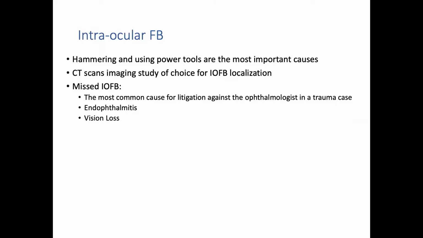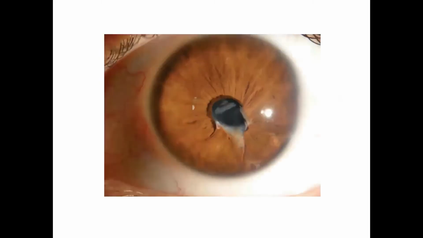In terms of finding intraocular foreign bodies, CT scans and X-rays are what we use. CT scan is probably the imaging of choice, and occasionally we have to do it. Again, these are slides showing a tear in the iris, with leakage of fluid, which has actually damaged the lens.